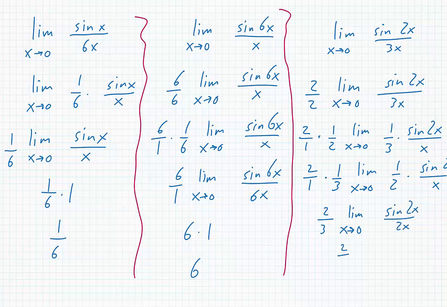That's 2/3 times 1, or just 2/3. Much more complicated, this last and third example. But the process still works. We just have to think our way through it. There are a variety of different ways to do this arithmetic, and you may see other ways to think your way through it, and that's fine. In any case, you should end up with the limit being equal to 2/3 when you're done here.